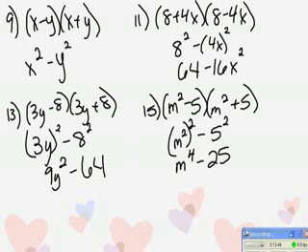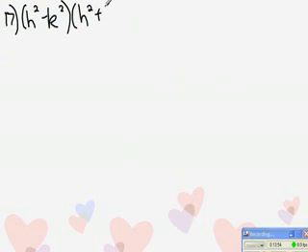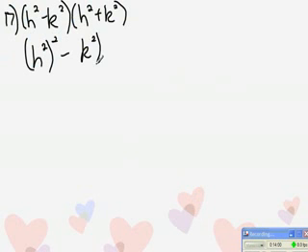Alright, again, I'm going to have to clear the page. Number 17, h squared minus k squared, and h squared plus k squared. First one squared minus the second one squared. Squared squared becomes 4th. Same thing over here.